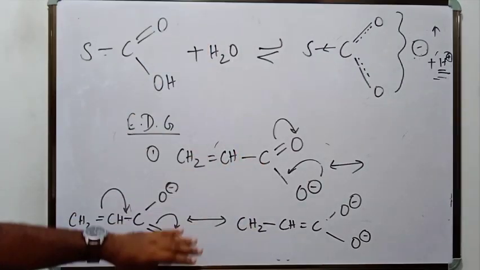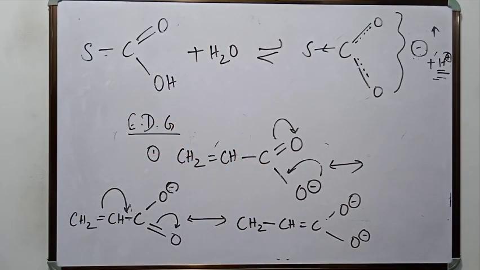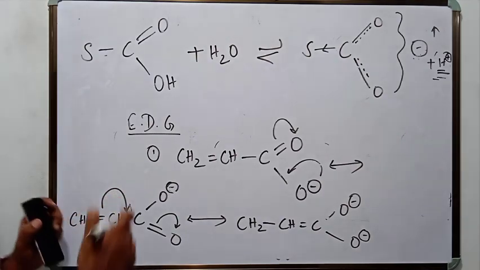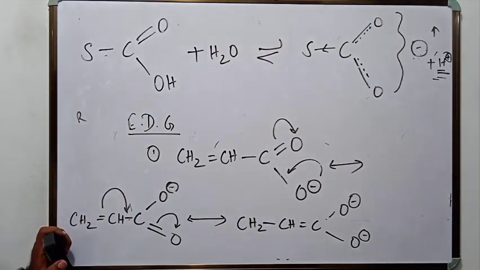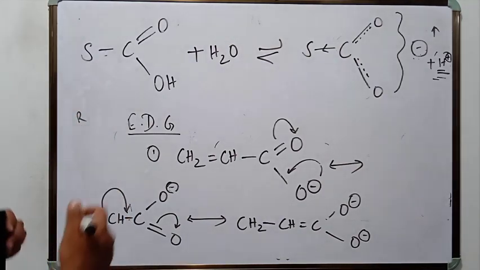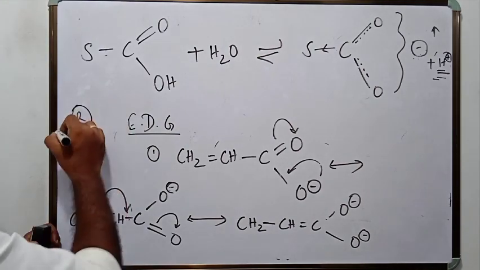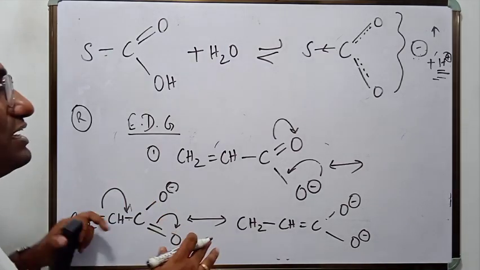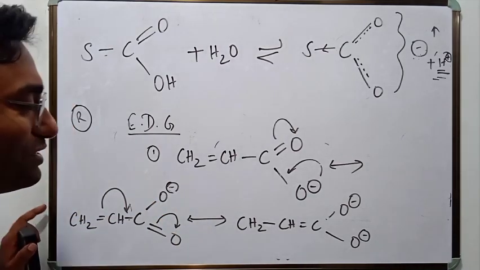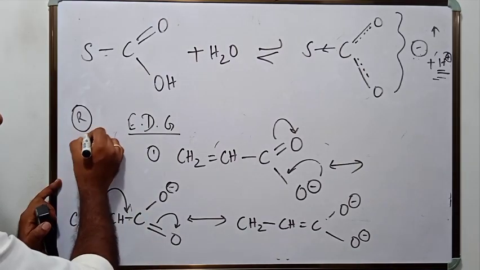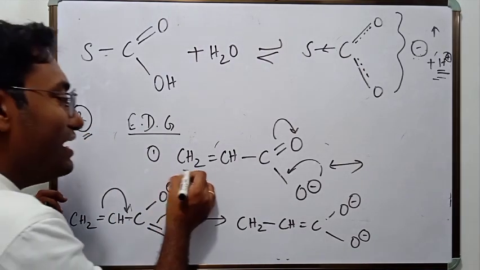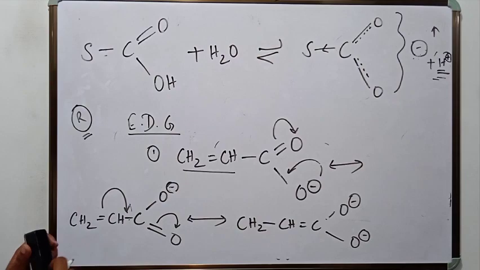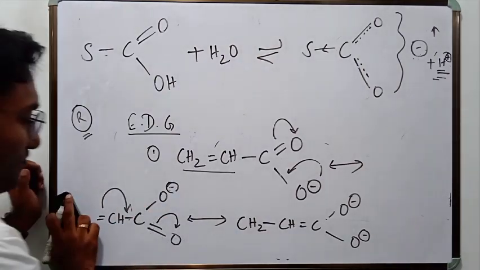So in this battle, the resonating effect predominates. The effect of resonance is much higher, so resonance plays a much bigger role in the stability of the carboxylate salt. Resonance here wins, and therefore when the vinyl group is present, the acidity is increasing.